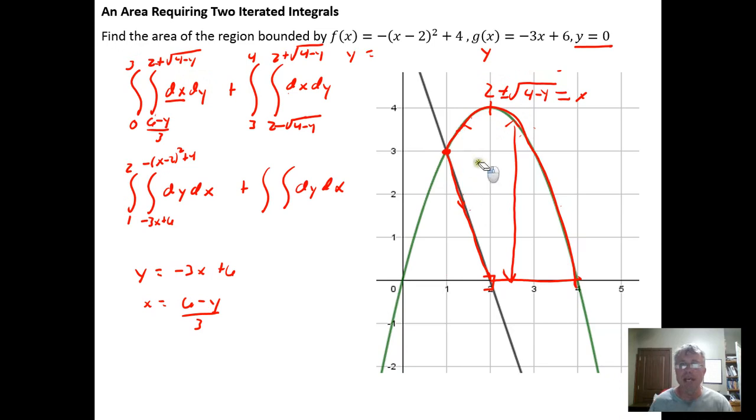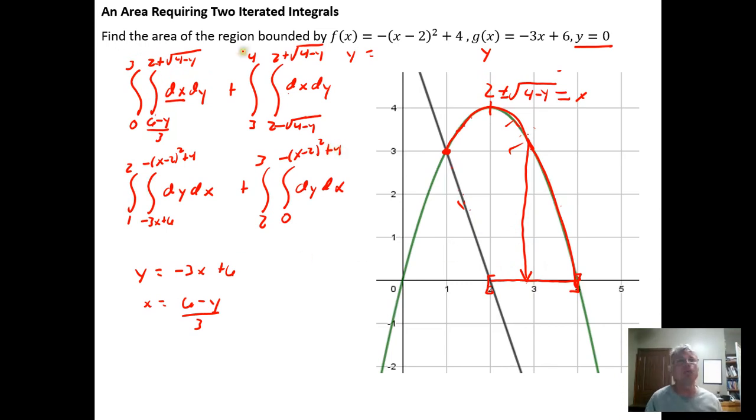Then once we get to x equal to 2, how we control things needs to hand off, because between 2 and 3, so the x running from 2 to 3, our vertical slices are running from y equals 0, or the x-axis, up to the parabola, and the parabola is just minus x minus 2 quantity squared plus 4. So I need two iterated integrals to calculate the area of the bounded region.